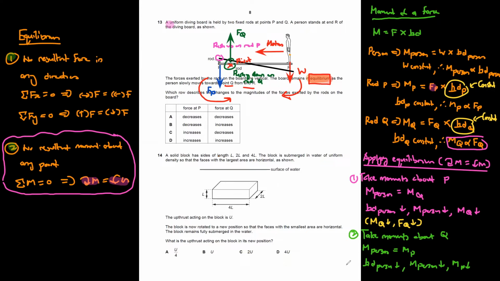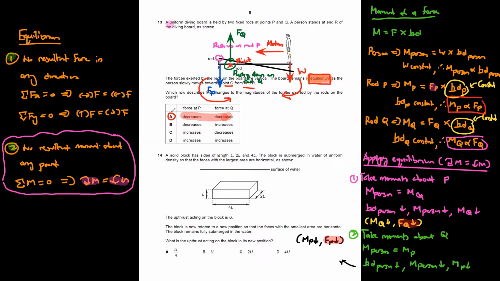Then you get the same reasoning again as before: since moment P is dropping, force of P is dropping, because you can see the relation right over here. So force FP drops, force FQ drops. It should be answer choice A. Okay, that's for this particular question.